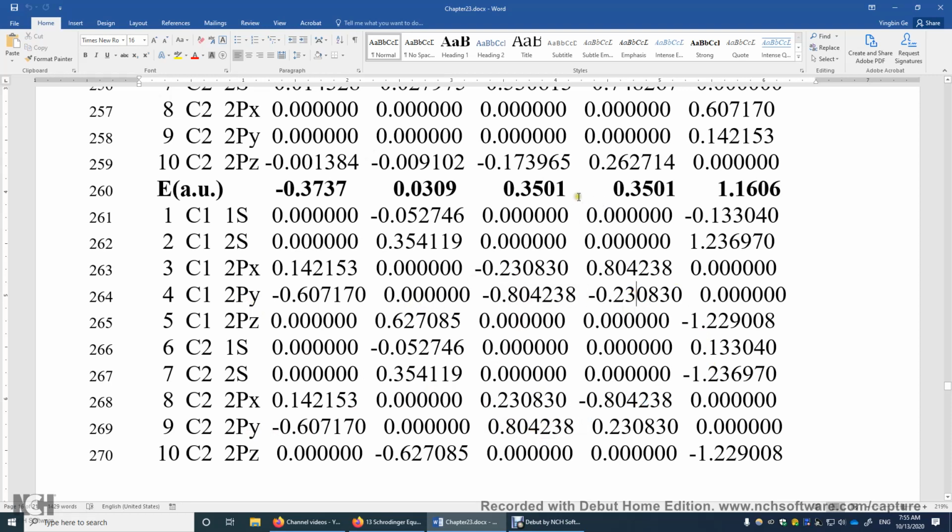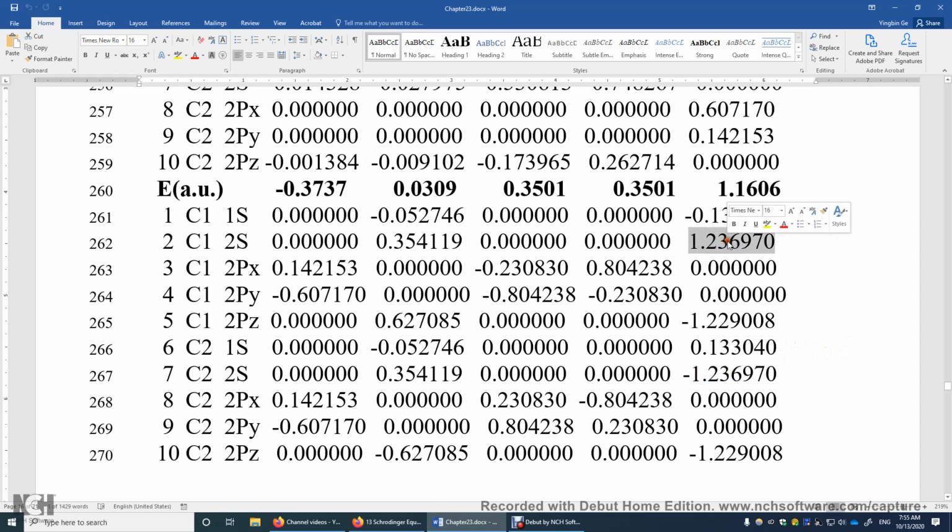All right, I want to show you one final MO. There's a huge gap here, so this should be a very destructive interference. 1.2, -1.2.